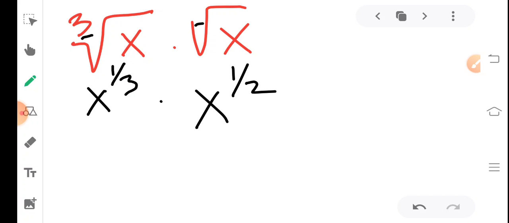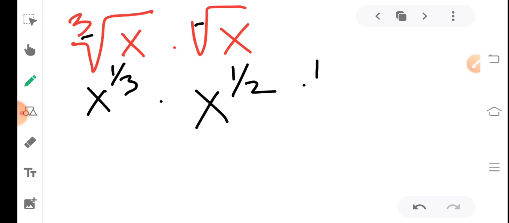So we have to multiply our rational exponent with a term that is equal to 1.